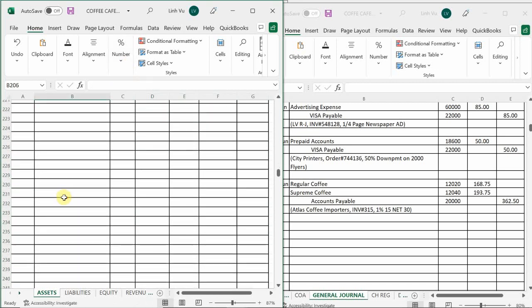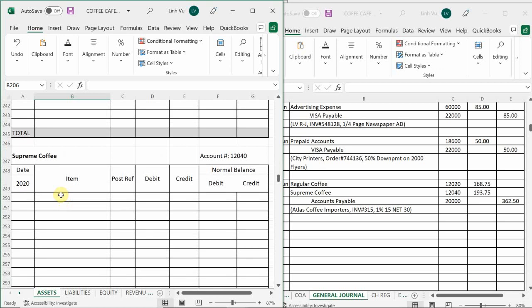I also need to update my supreme coffee. Okay, I purchased 125 pounds. General Journal 4, which increased my account by 193.75. So once again, that will be your beginning balance.